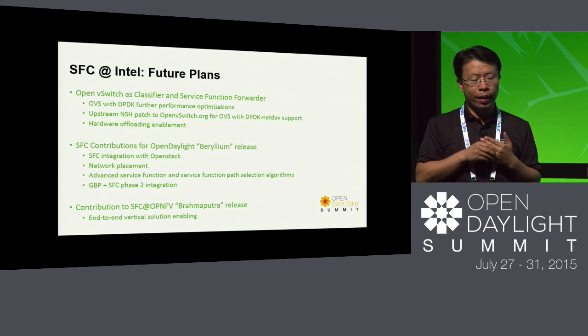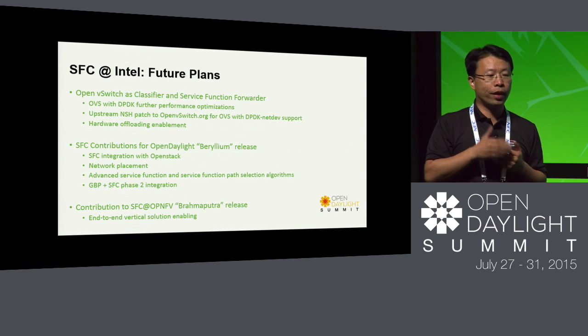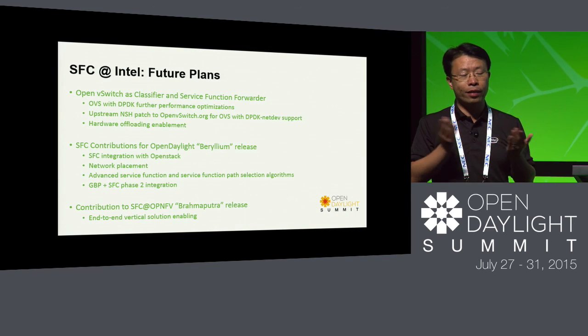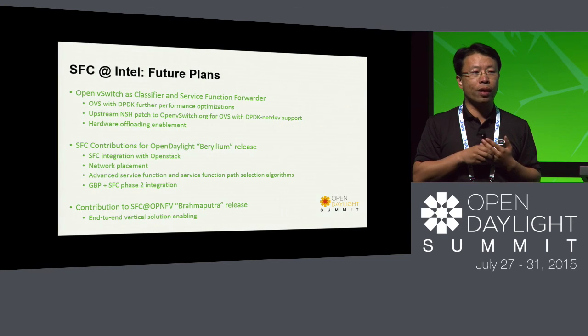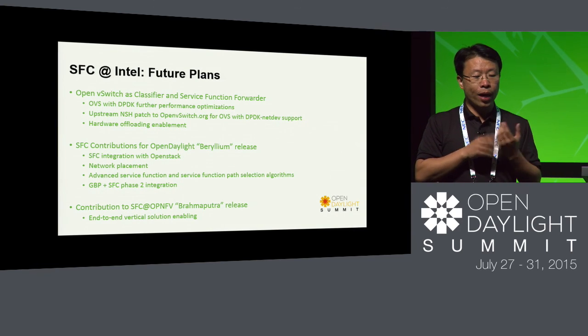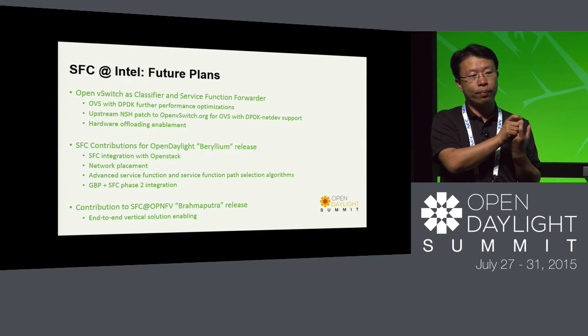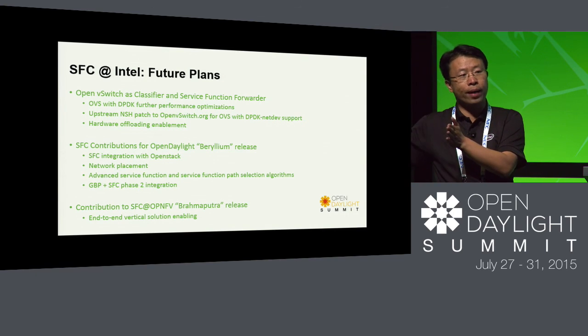It works perfectly for stateless service functions. But if you have a stateful service function like a TCP proxy or load balancer proxy, it's still a question mark we need to resolve. For that case, you have to associate the new packet with the original packet, because this kind of proxy terminates the connection with the client and establishes a new connection with the backend server.